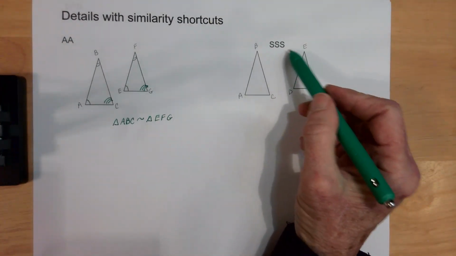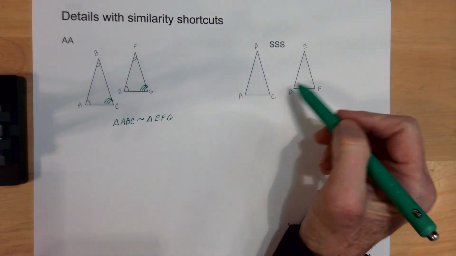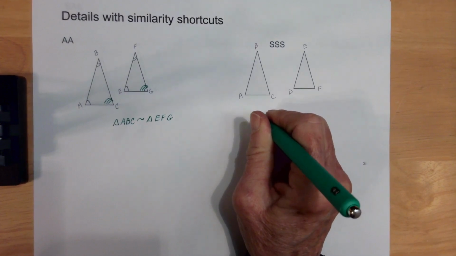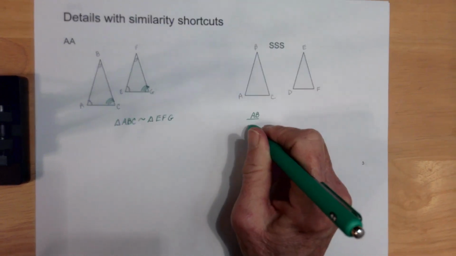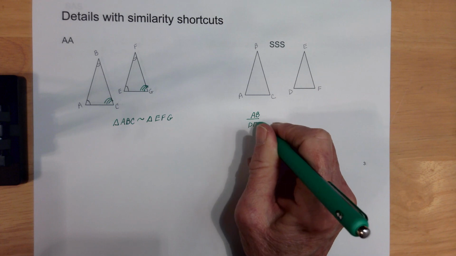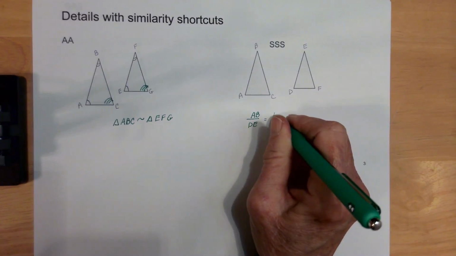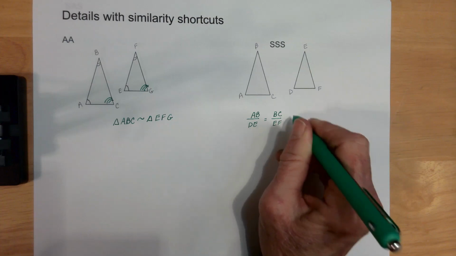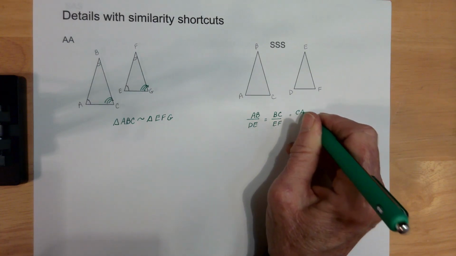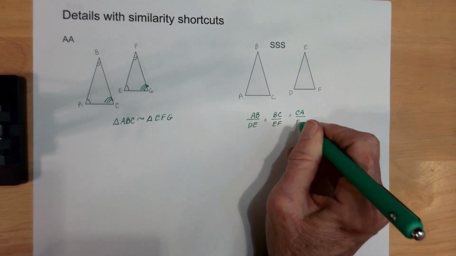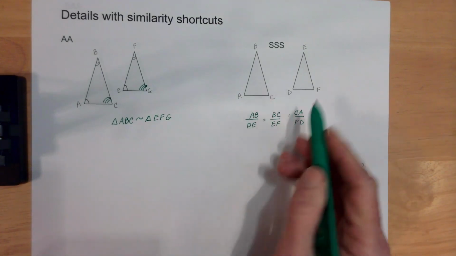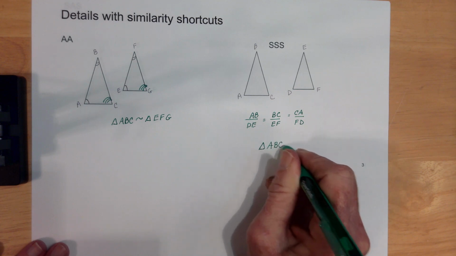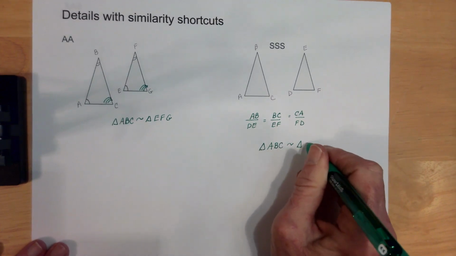If I have side, side, side, that does not mean that the sides are equal. It means the sides are proportional. So if AB is proportional to DE and BC is proportional to EF and CA is proportional to FD, then I automatically know that triangle ABC is similar to triangle DEF.